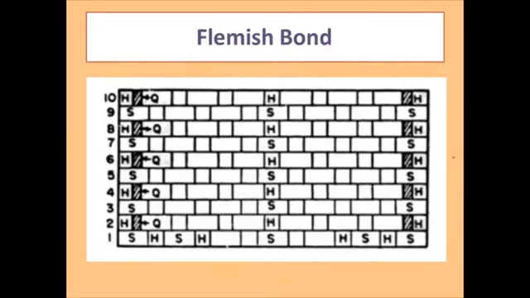And the last type of the conventional bond is the Flemish bond. In the English bond, the wall consists of alternate stretcher and alternate header courses. But in the case of the Flemish bond, each course consists of alternate stretchers and headers.